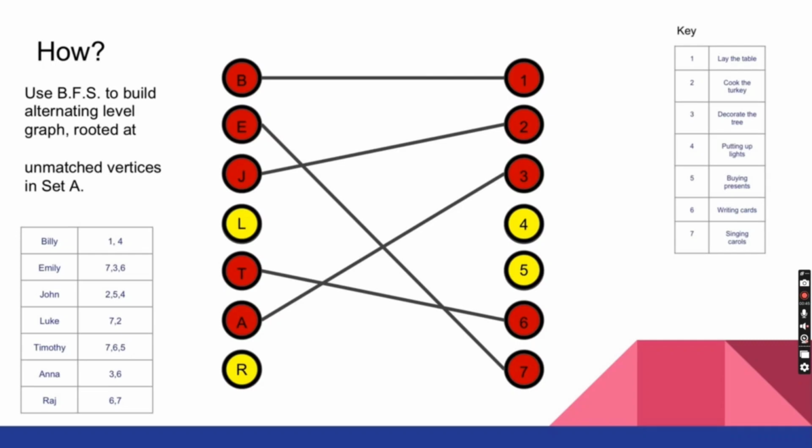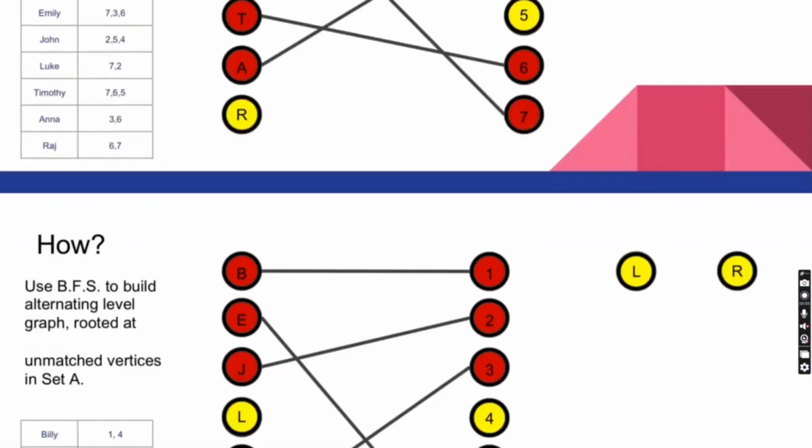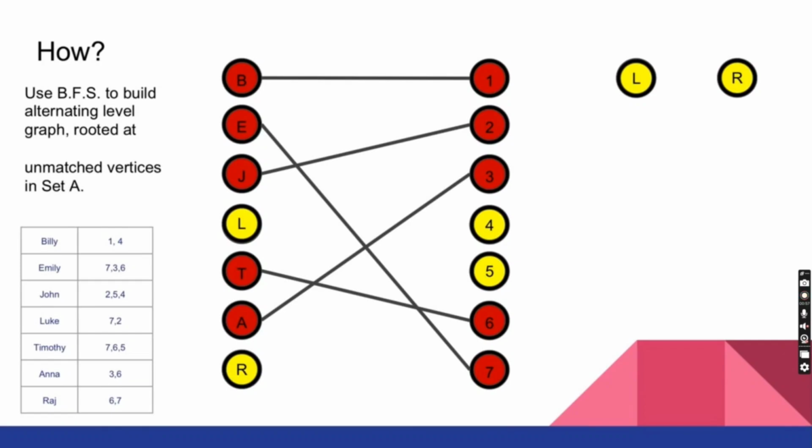Next, we have to get the unmatched vertices on the left side, set A, and put them at the top of our alternate level graph. Now we need to look in our graph and table and see what edges that are not in the matching go from these vertices.